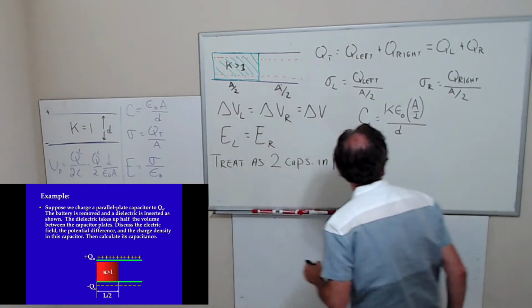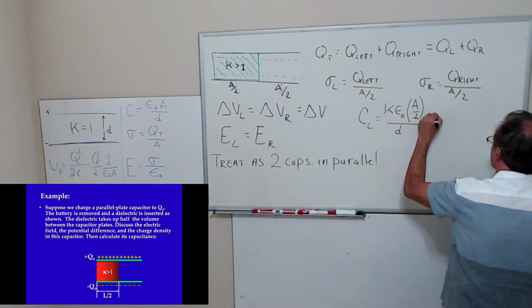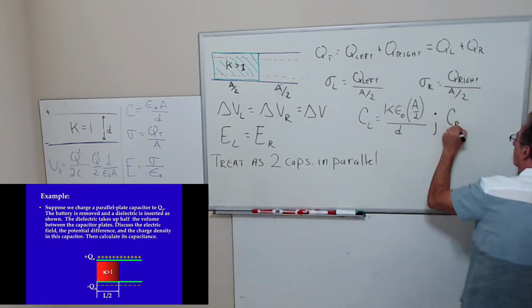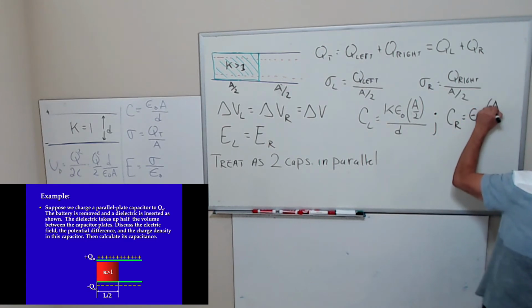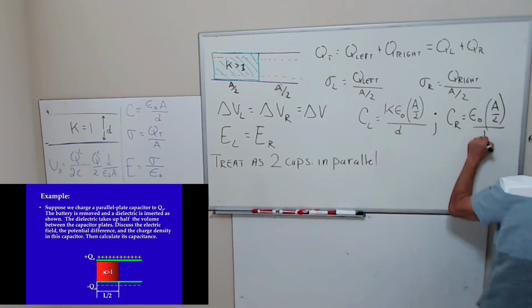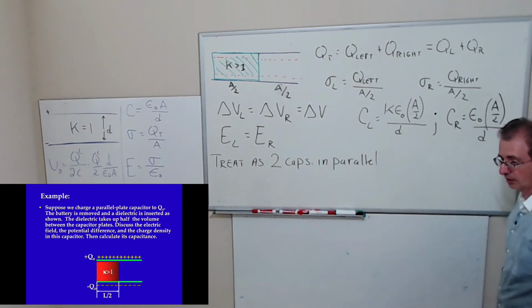C right is going to be epsilon naught A over 2, the whole thing divided by D.